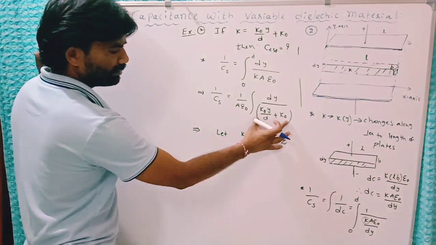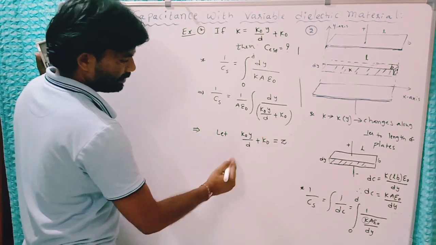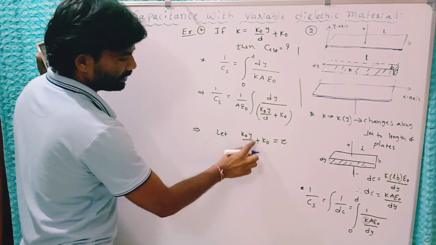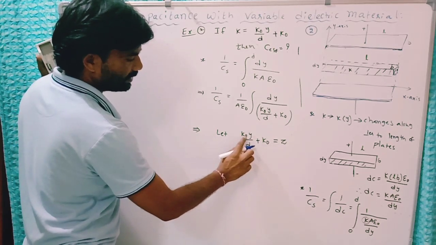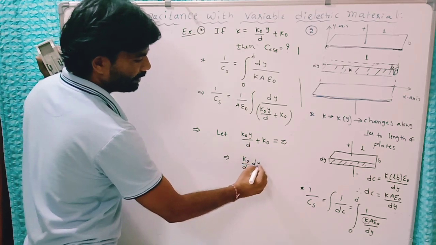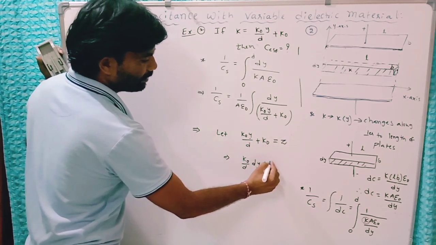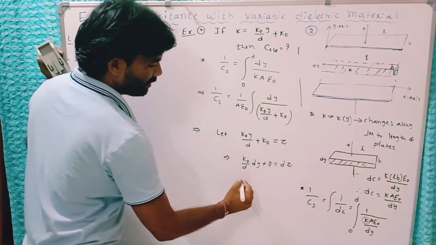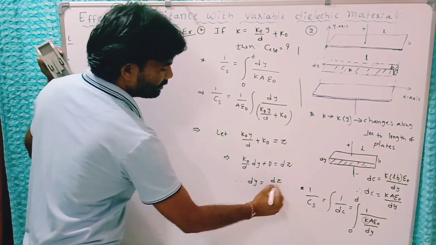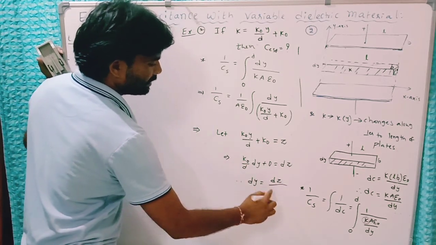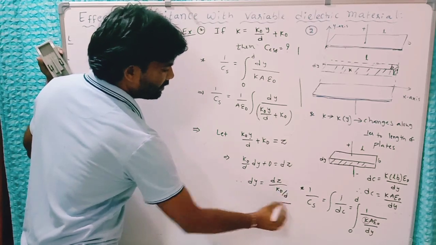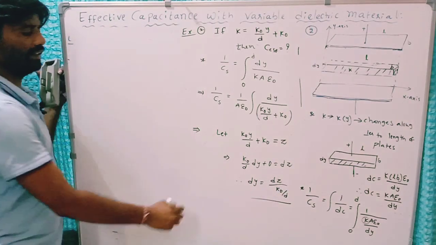If this denominator is z, let us differentiate it to get dy. K naught by d is constant, the differentiation of y is dy, and the differentiation of the constant is 0, giving dz. From this you will have dy equal to dz by K naught by d.